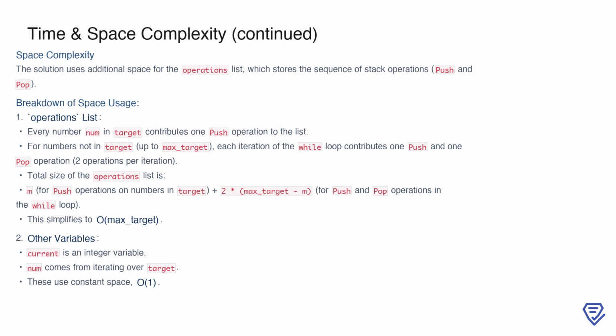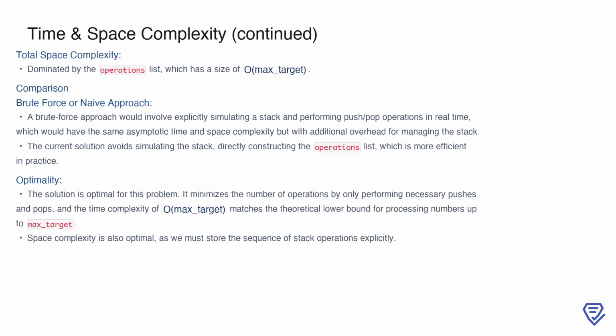Altogether, the operations list contains m entries for the numbers in target and 2 times (max_target minus m) entries for the skipped numbers, giving a total size of O(max_target). Besides this, the solution uses constant space for variables like current and number, meaning their contribution to space complexity is O(1). Therefore, the total space complexity is dominated by the operations list, which is O(max_target).